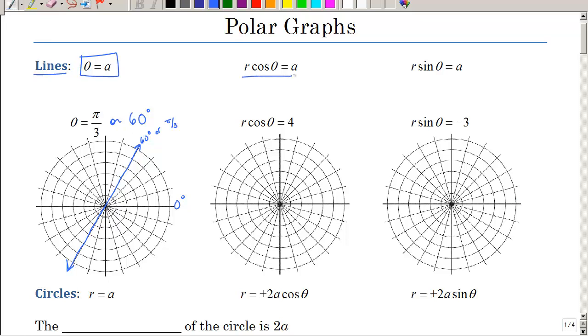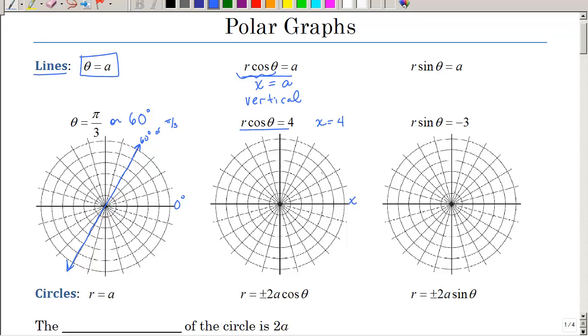Now here we have another line. In the last lesson, when we learned to convert from polar to rectangular, we learned that r cosine theta is the same as x. Hopefully you remember from college algebra, if x is equal to a number, that is always a vertical line. So here we have r cosine theta equals 4, or we can think about x equals 4.